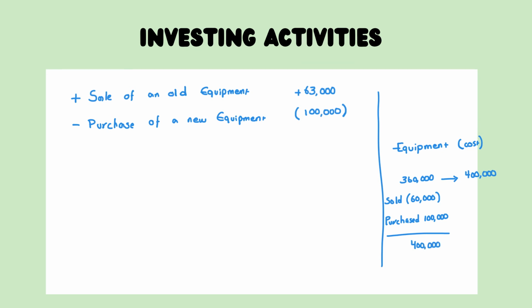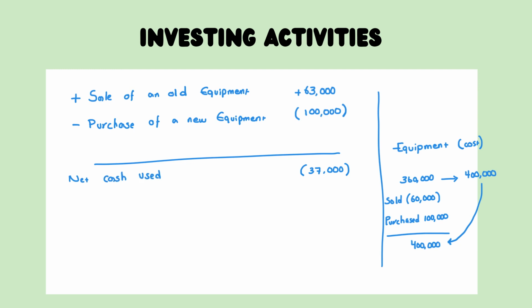Is it the same as this one? Yes. So there was no other purchase of equipment. These were the only transactions under the investing activities. So 63 less 100 is negative 37,000. Since it's negative, I'm going to write net cash used, not provided, used by investing activities.